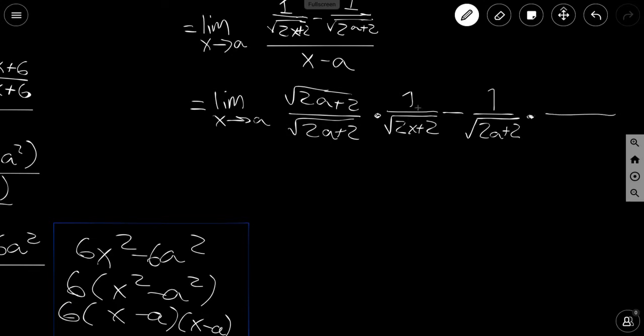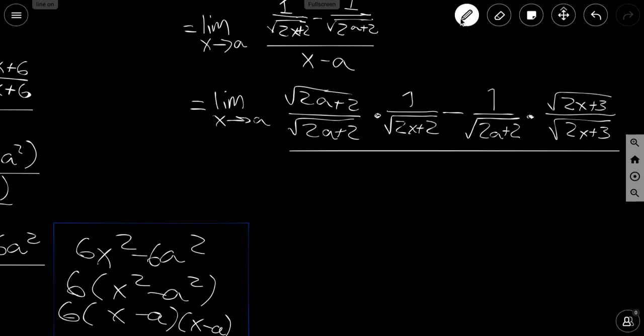We're also going to multiply this side by this denominator right here. And then it's going to be all over x minus a.